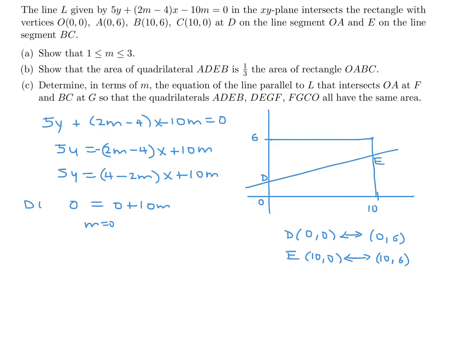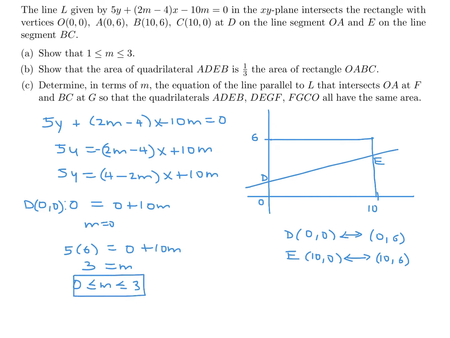Then when we substitute (0, 6), we get 5 times 6 is equal to 0 plus 10m, so m is 3. So it looks like m is between 0 and 3.